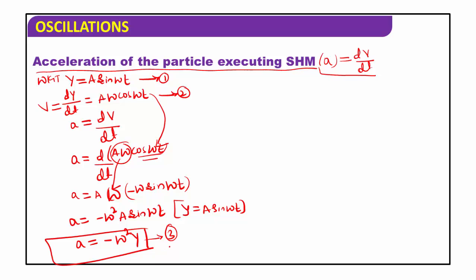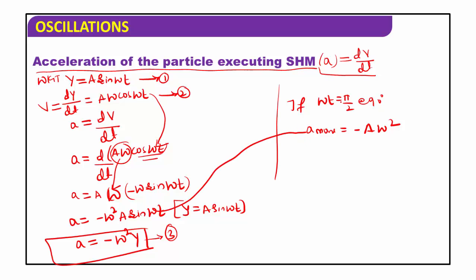Here, if we put omega t is equal to pi by 2, or 90 degrees, then the acceleration is maximum. When you substitute omega t is equal to pi by 2 in this equation, we get a maximum is equal to minus a into omega square.